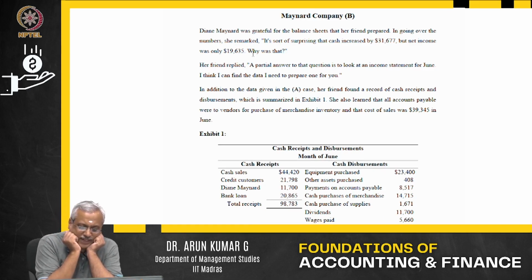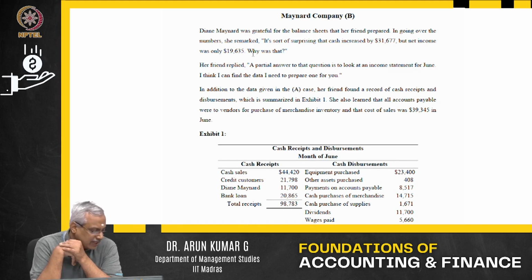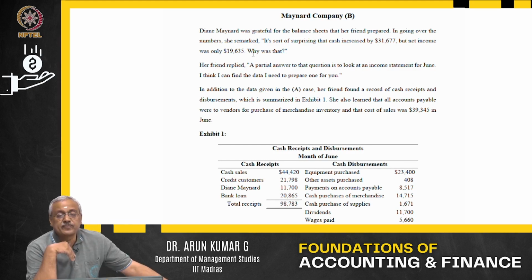In addition to the data given in case A, her friend found a record of cash receipts and disbursements, which is summarized in Exhibit 1. She also learned that all accounts payable were to vendors for purchase of merchandise inventory, and the cost of sales was 39,345 in June.